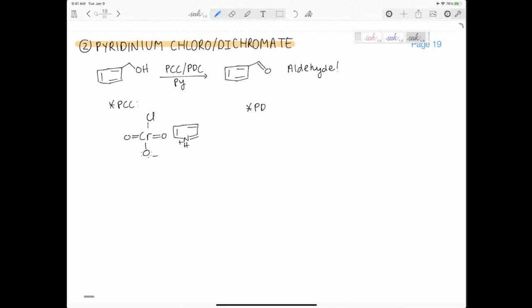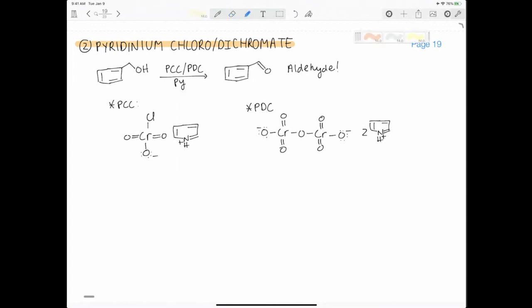So you're going to have to repeat this unit, but instead of chlorine, you're going to put 2 of them together, right? So you would get this here. And then you're going to have 2 equivalents of pyridine because you have 2 negative charges. Okay, so depending on what you get, you need to know how they look.